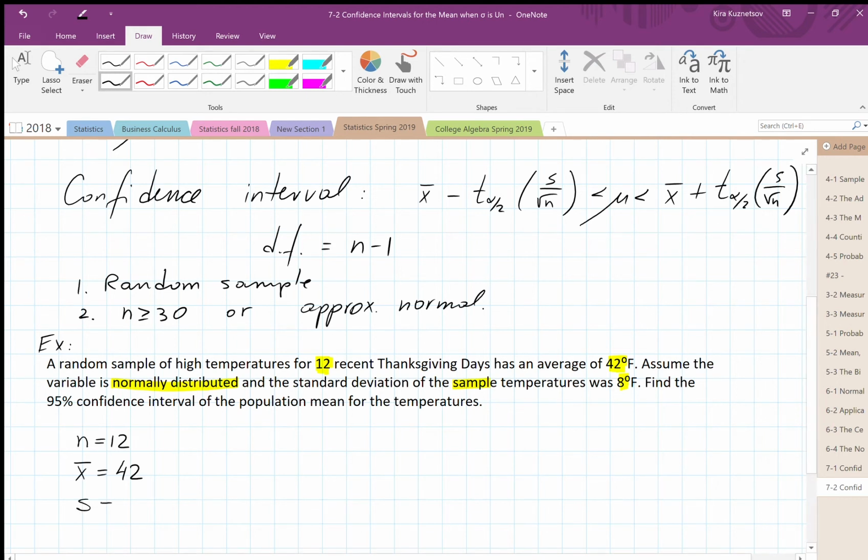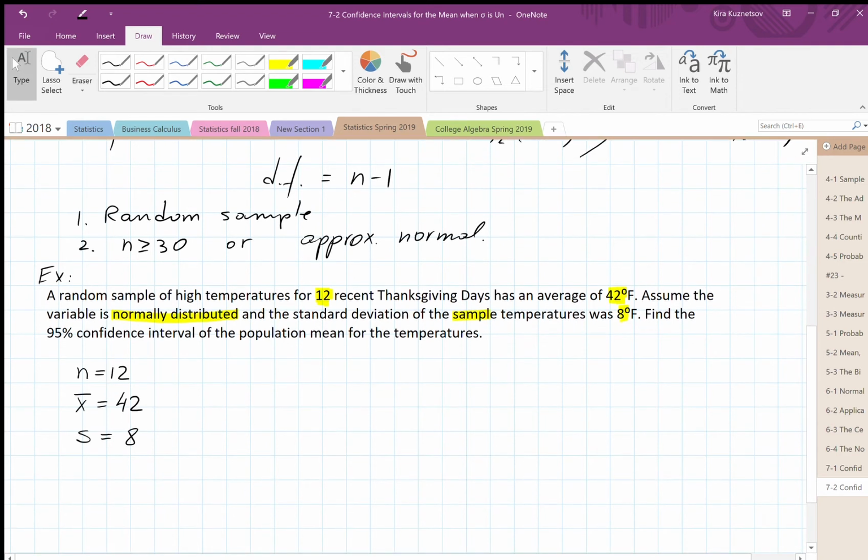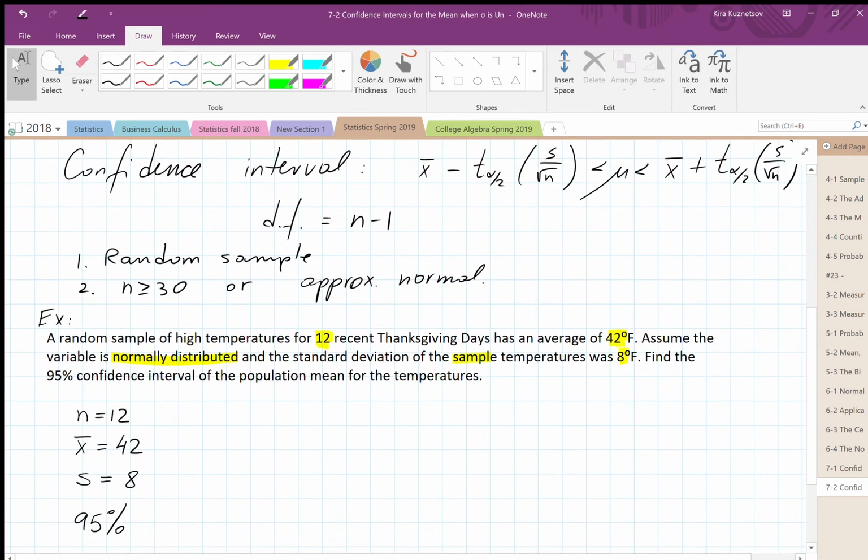So this is your s, which is 8. And we're looking for the 95% confidence. You're more than welcome to try this formula. You do need to find a t. You can either use an inverse t function on your calculator, or you can open a book to a t table and locate it there.